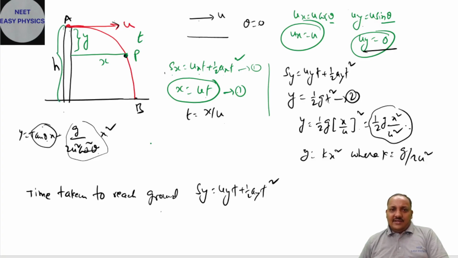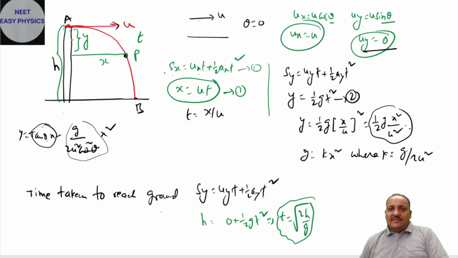After reaching the ground, Sy is h, 0 plus half gt square. So t is equal to root 2h by g. See, this formula we already got somewhere. If an object is dropped from a certain height, how much time does it take? If an object is projected horizontally, it also takes the same time to reach the ground. t is equal to root 2h by g from A to B.